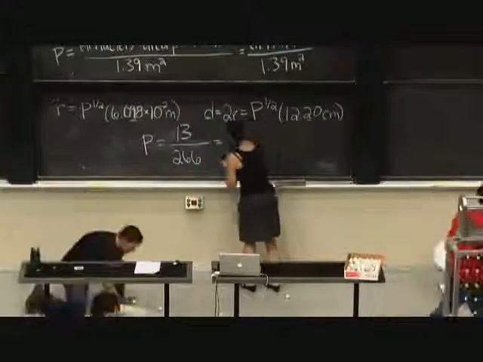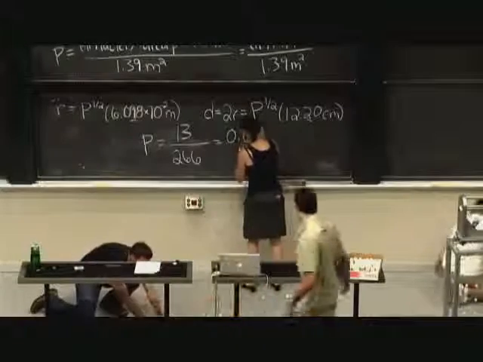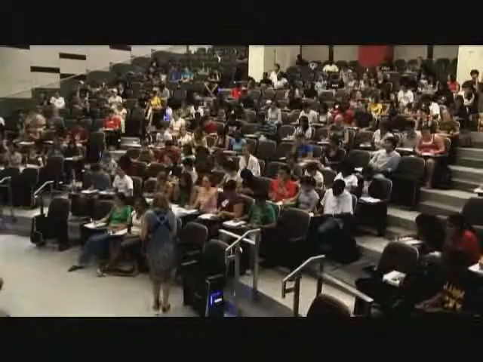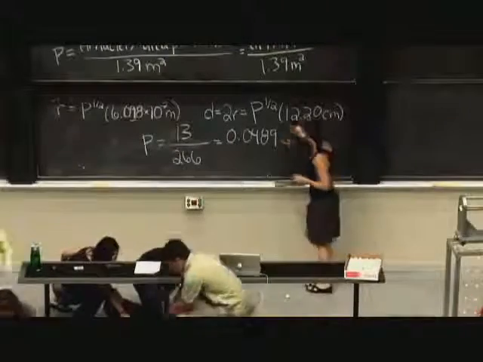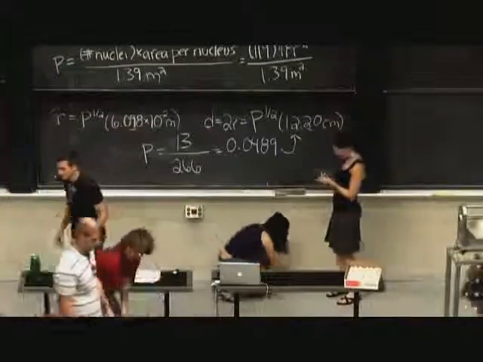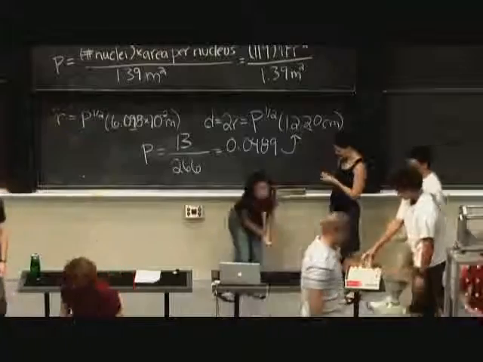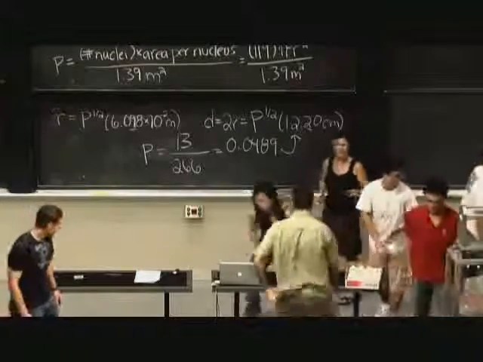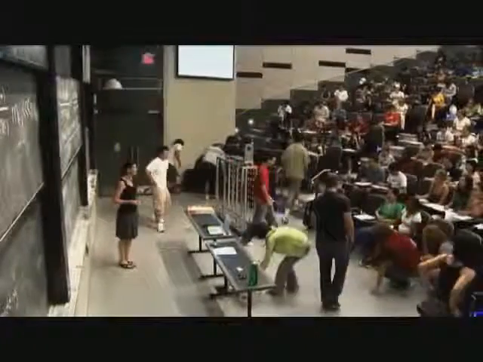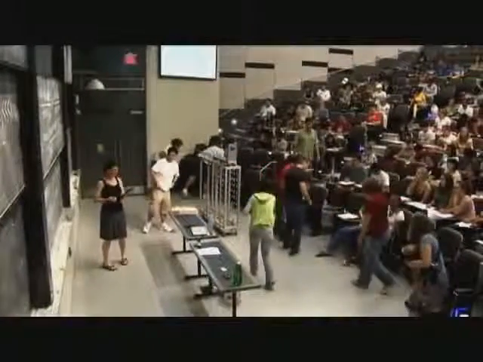So are you getting 0.0489 or so? All right, so we've got our probability. We can go ahead and plug that in, take the square root of it, multiply it by 12.2. What are you getting for your diameters? Yep, that's what I got too.